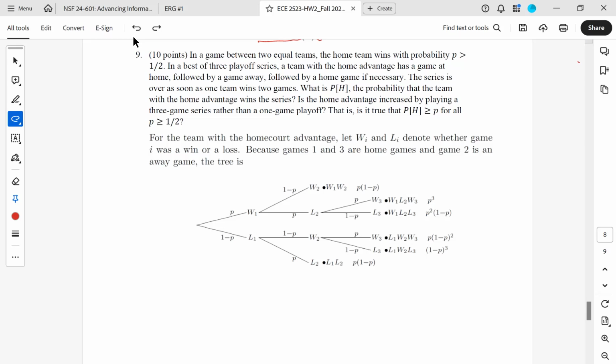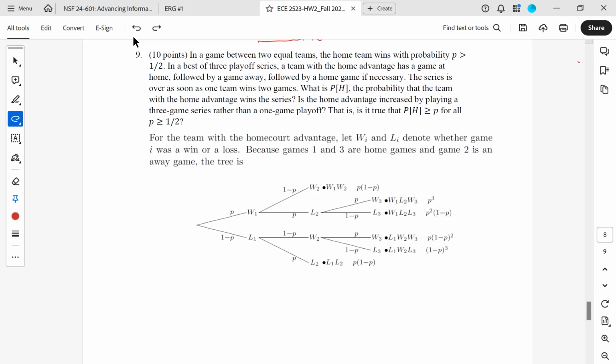By "if necessary," we mean that whenever a team wins twice, the series is over and the competition is decided. Okay, so if the home advantage team wins the first two games, there is not going to be any third game. That's what "if necessary" means.